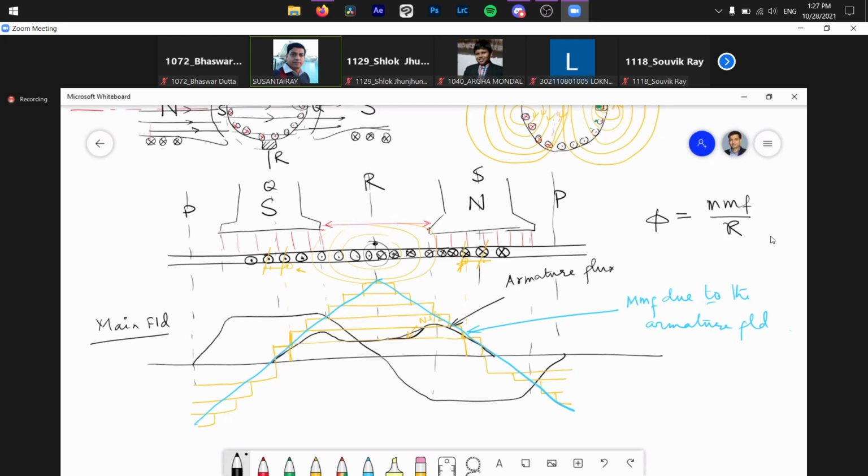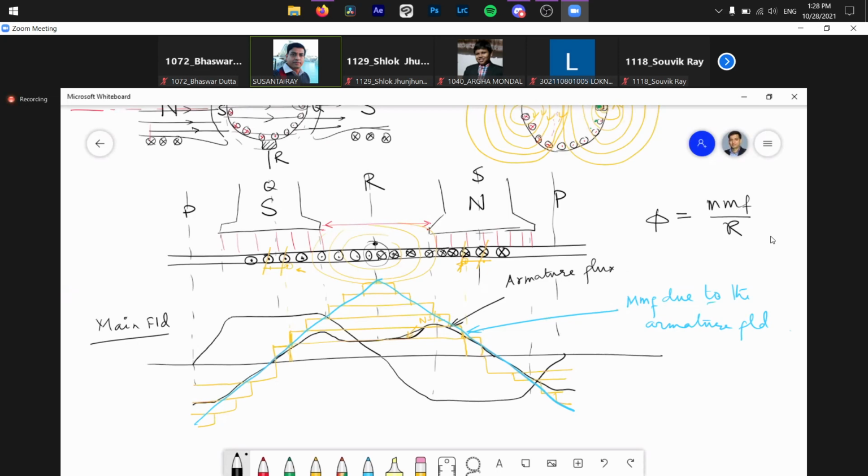The main field flux we have already drawn, and this is the armature field flux produced by the armature field, but as the reluctance is very high at the neutral positions, it will have a significant drop in the flux value at the neutral position. Okay. So in this way also, here also we'll get like this. Like this.